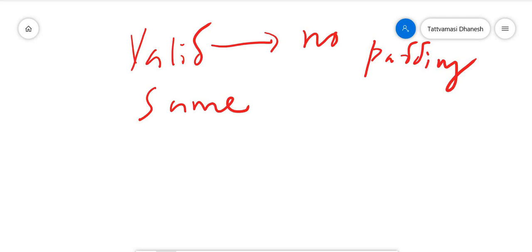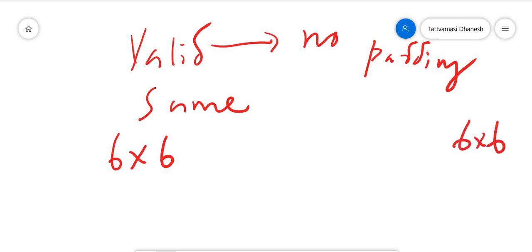Same convolution means if your image is of size 6 by 6, I need an output map of 6 by 6.